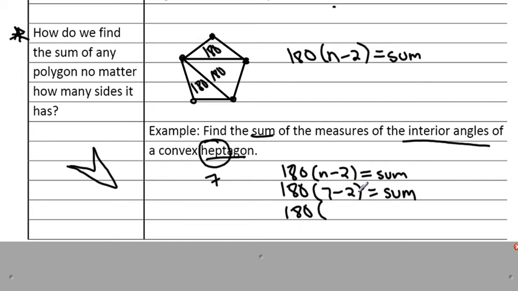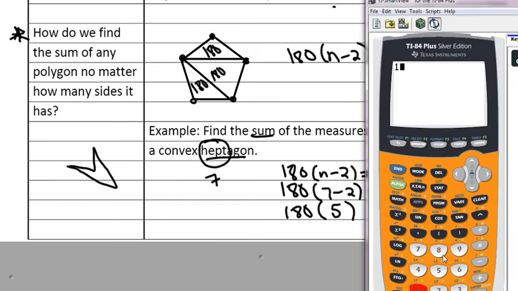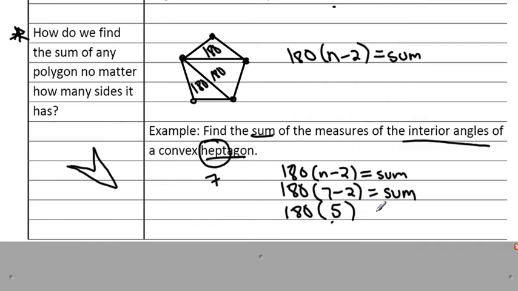So 180 times 7 minus 2 is 180 times 5. And 180 times 5 should give us 900. So a convex heptagon has 900 degrees total.